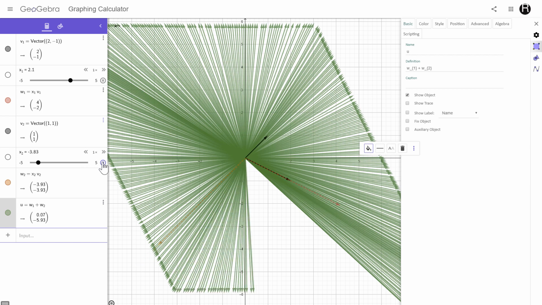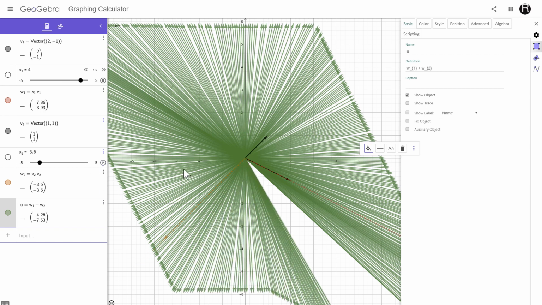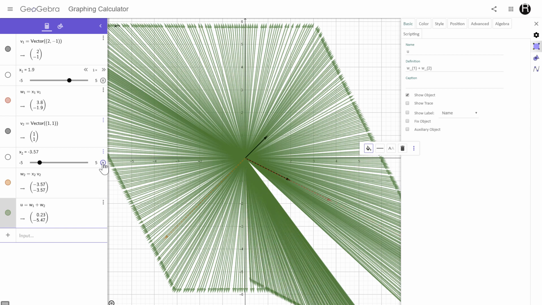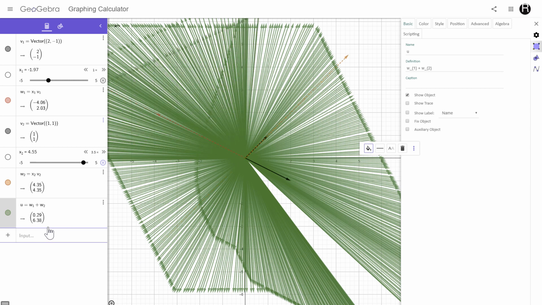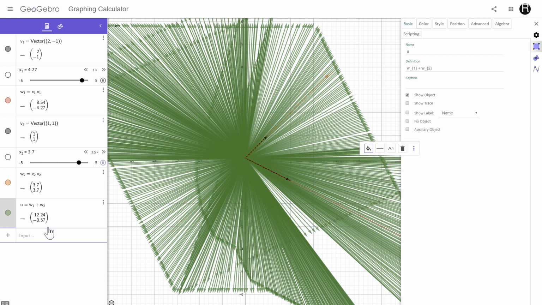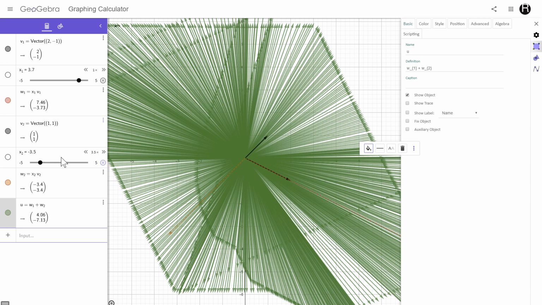Now it looks like it's getting cut short here, but technically we can have any number we want. And regardless of where we are in the xy plane, we can always get to that point or that vector by just finding a linear combination of these things.